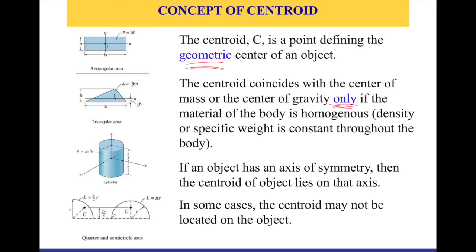So if I'm looking at this object here, I have a linear structure as a line, right? And if I want to find the centroid of that object, the centroid is at point C, and point C is not located on that object, so it's outside of that object, and that's actually common if you're looking at the center of a line.